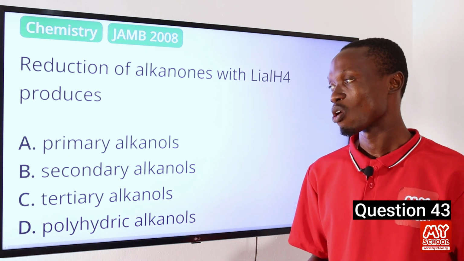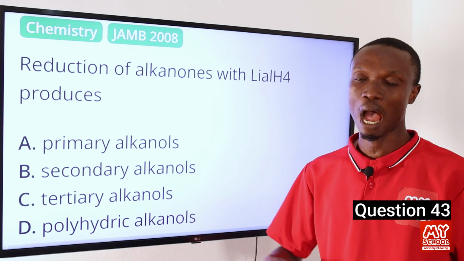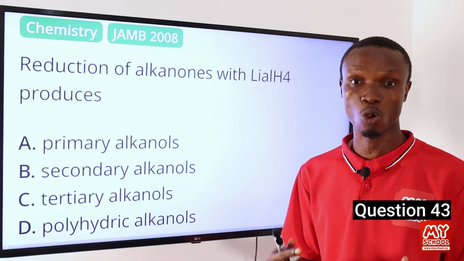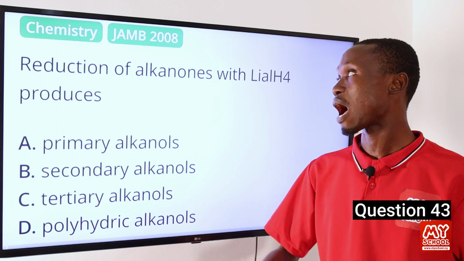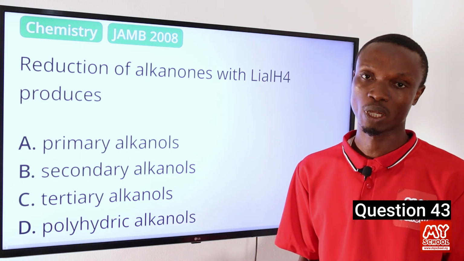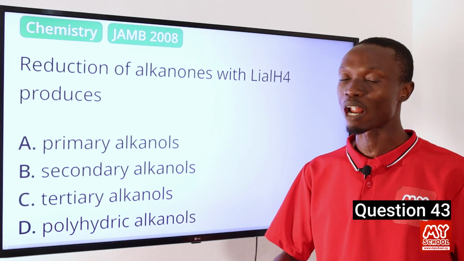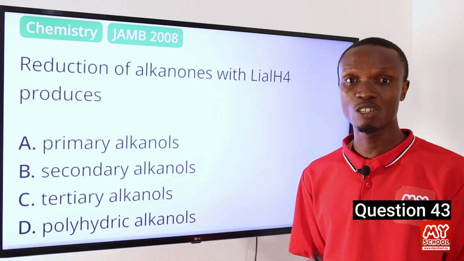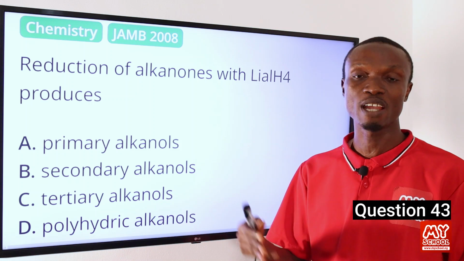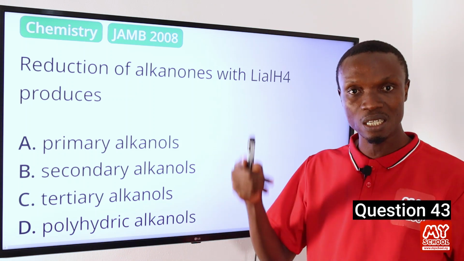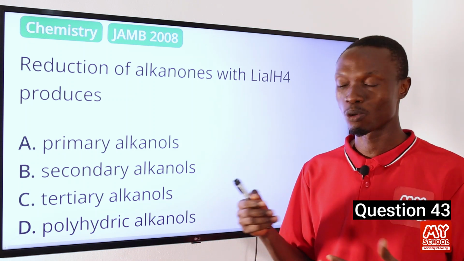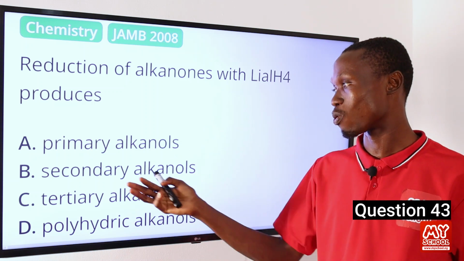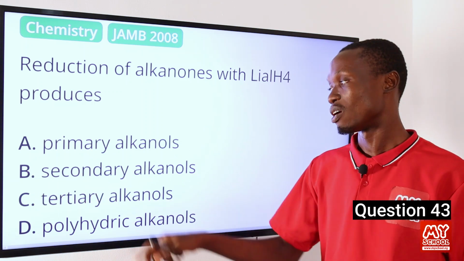The reason is that when secondary alkanols are oxidized using a strong oxidizing agent, an alkanone is produced. So if an alkanone is reduced using a strong reducing agent like lithium aluminium tetrahydride, the corresponding secondary alkanol will be produced. That makes option B the answer to this question.